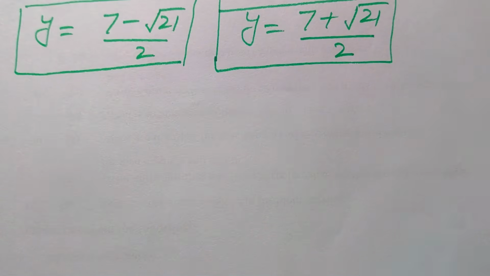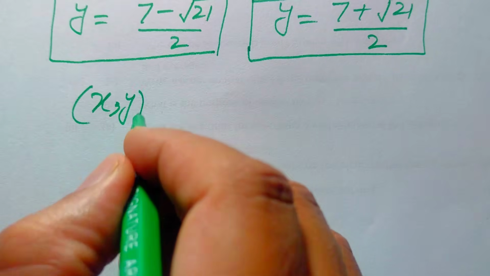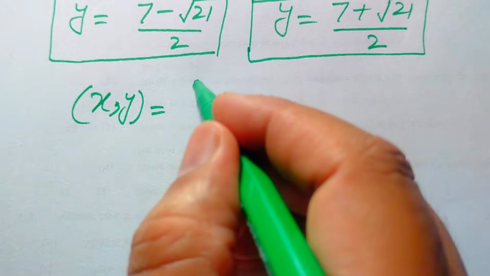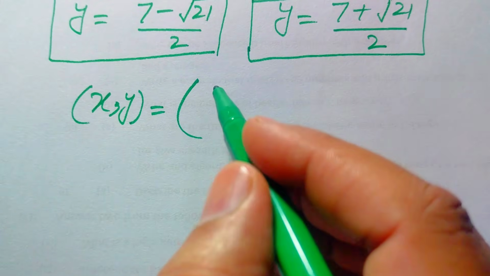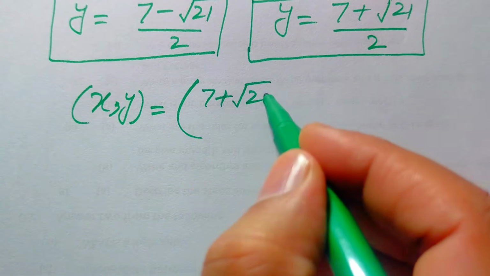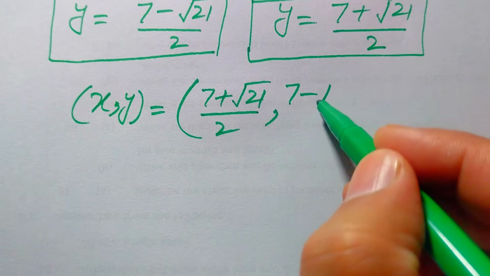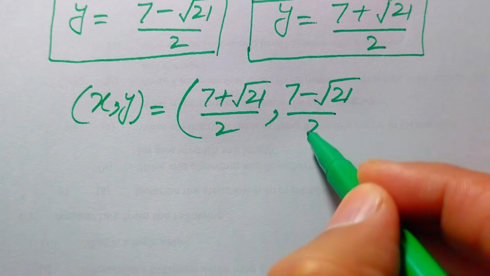So finally we get two ordered pairs of solutions. The first ordered pair of solution is 7 plus square root of 21 divided by 2, and 7 minus square root of 21 divided by 2.